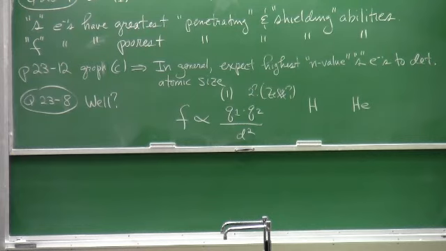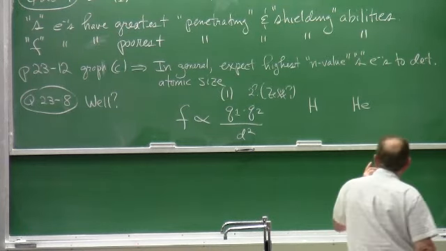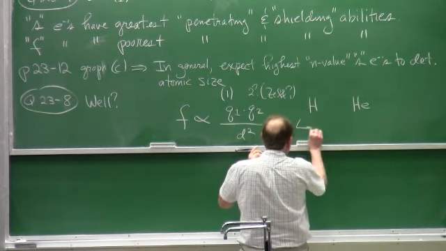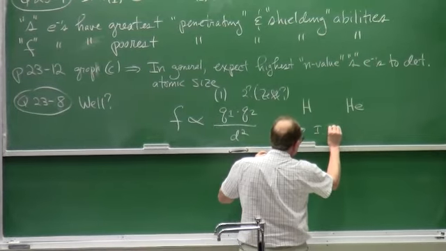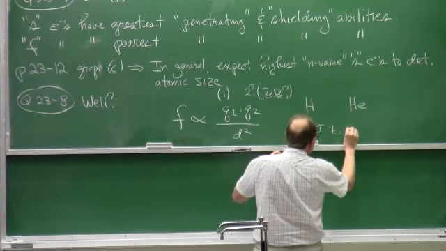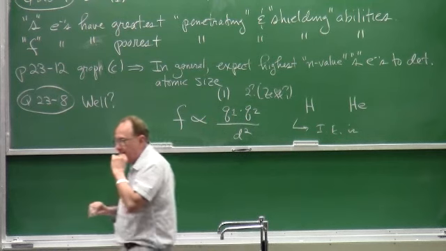If Z effective for helium is 2, because it's got 2 protons in the nucleus and there are no core electrons, and given that helium is observed to be smaller than hydrogen, how would the first ionization energy of helium compare to that for hydrogen? For hydrogen, let's see, IE. Let me look it up.